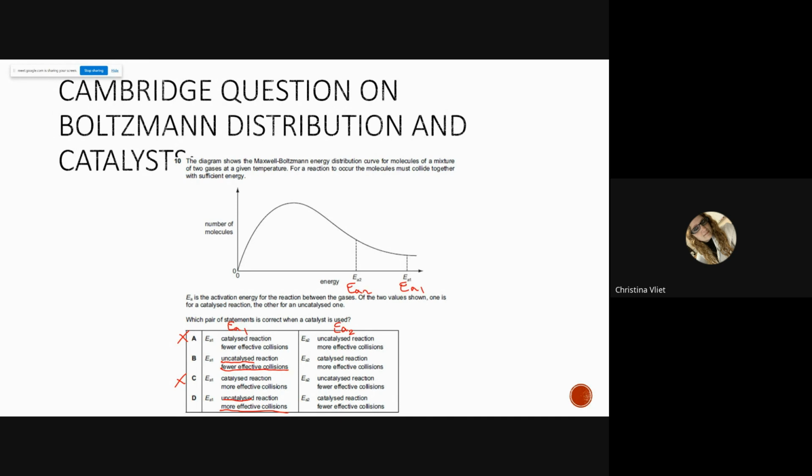No catalyst. Fewer or more effective collisions? What do we say? B. And then EA2 catalyzed would be more effective collisions. The answer here is B. Are we okay with this? Yeah.